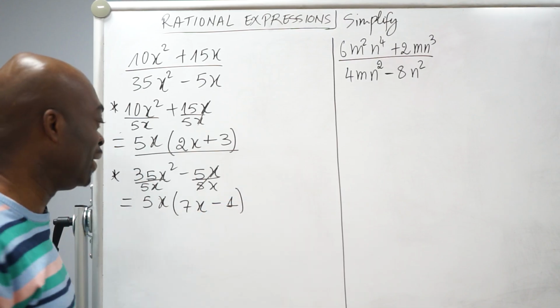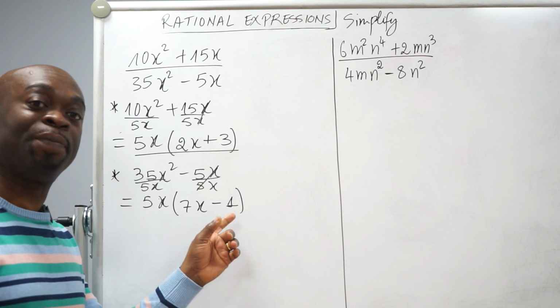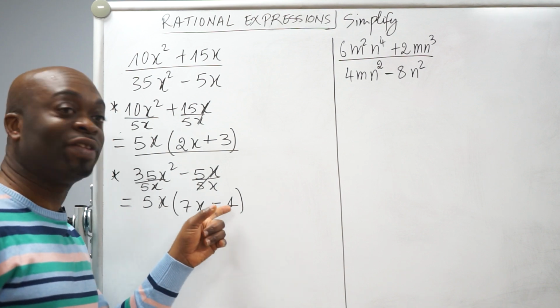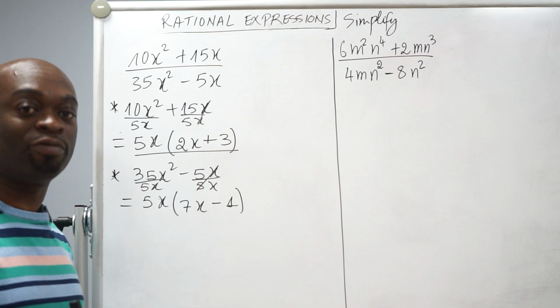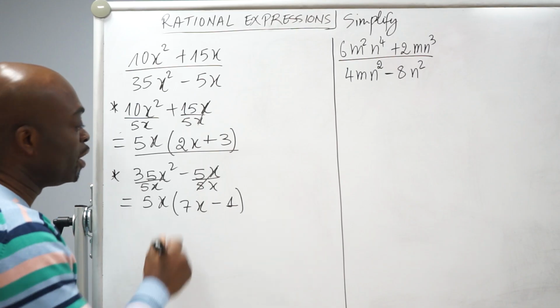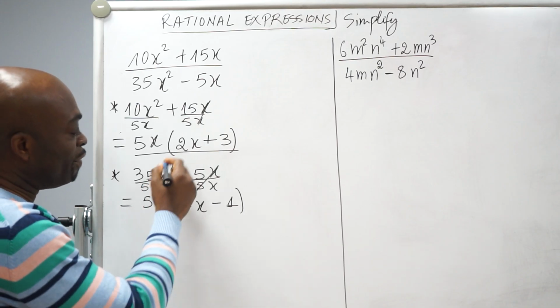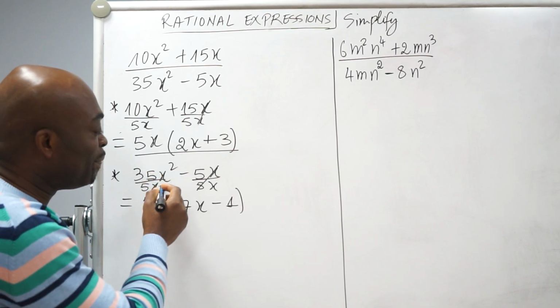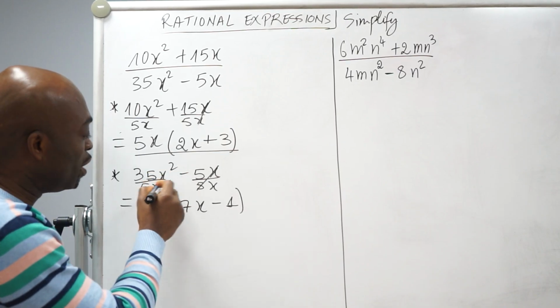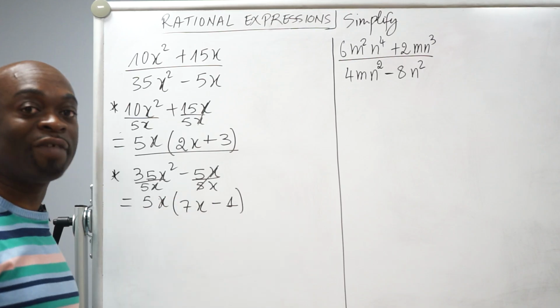All right, keep that in mind. The common mistake that people make is not to have this 1 here. And that will blow the whole problem up and you're going to get it wrong. So be careful. Also remember that when you're dividing the same variables, what do we do to the powers? We subtract the powers, so that'll be 2 minus 1. That's the reason why we have x to the 1 left.